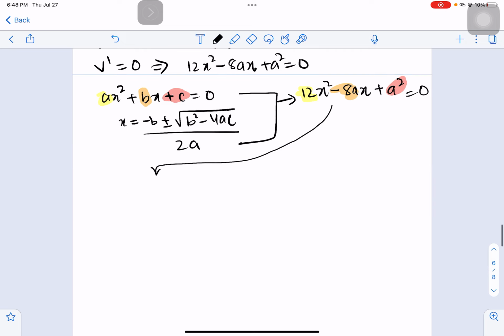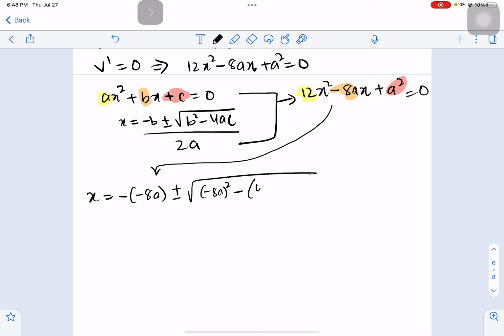So x equals negative b, so positive 8a, plus or minus the square root of negative 8a whole squared minus 4 times 12 times a squared, divided by 2 times 12.